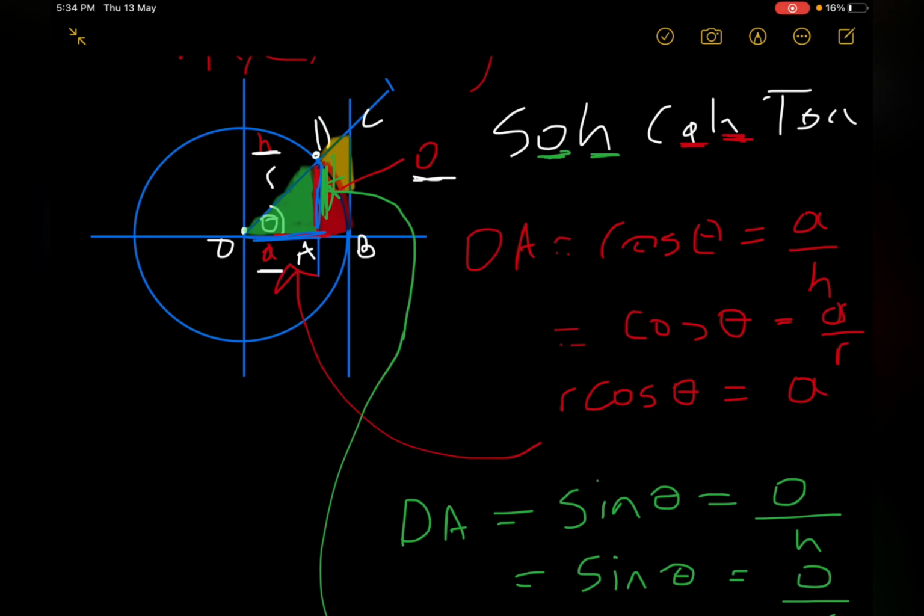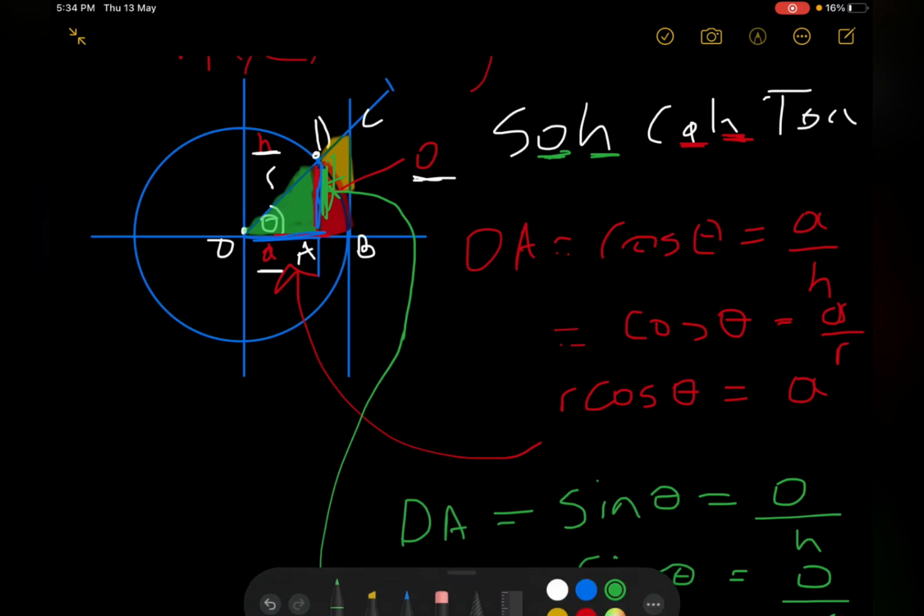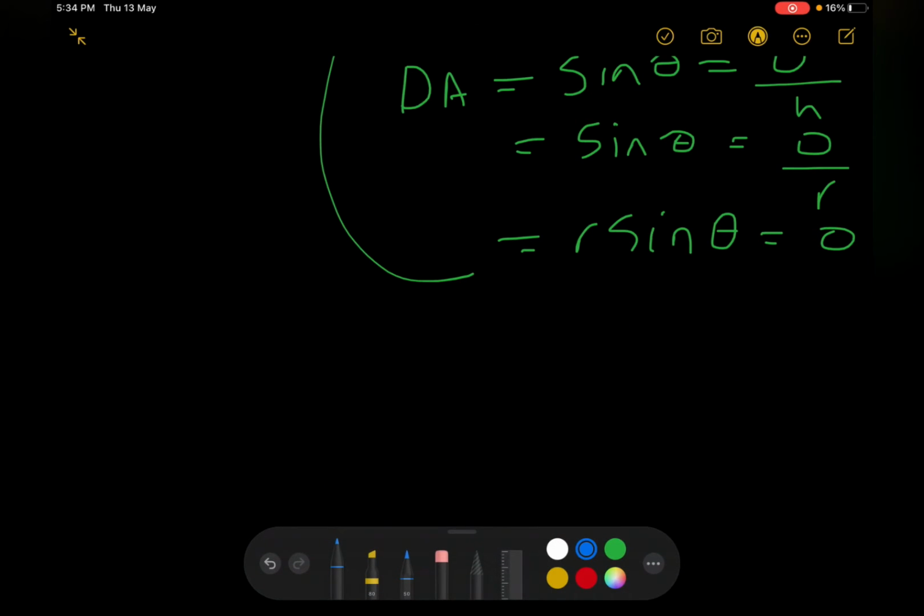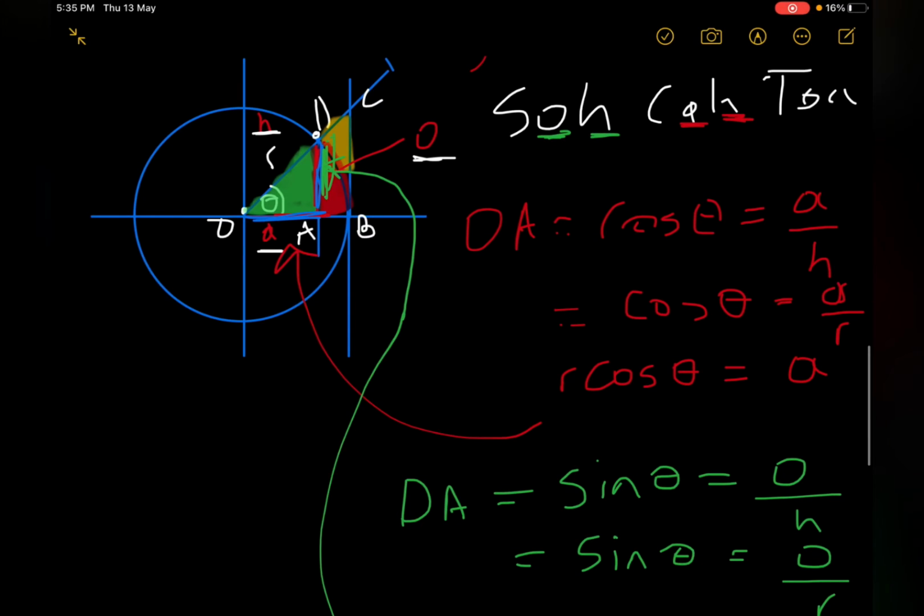So half base, which is r cos theta, times the height, which is r sine theta, the opposite side, and that would be our first function. Let's write that. So half base times height: our base is r cos theta, our height is r sine theta. That's our first function.